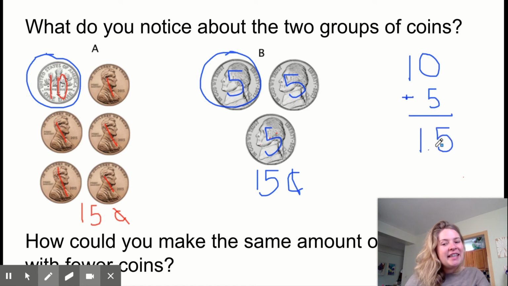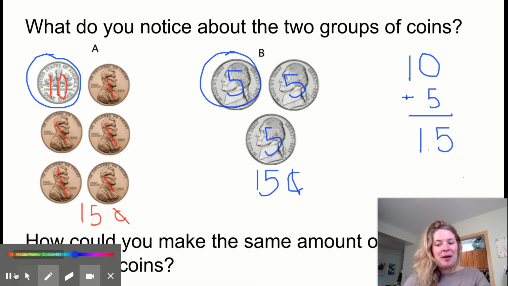We only needed 2 coins to make 15 cents. Different numbers of coins can equal the same amount. Coins are tricky like that.